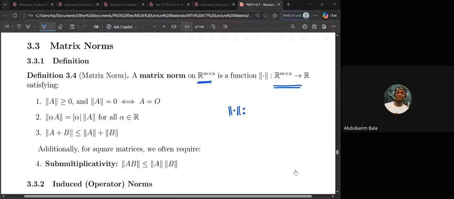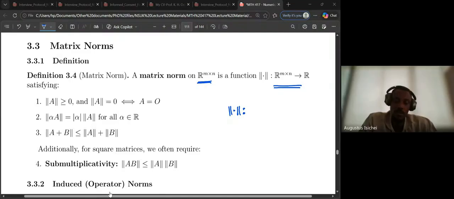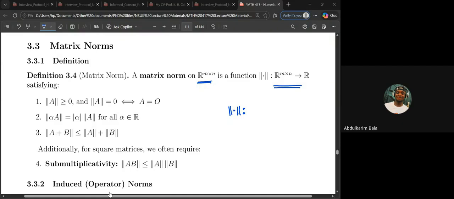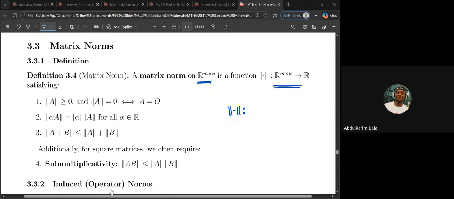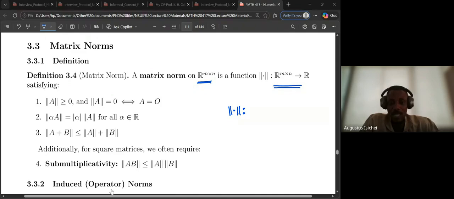Come again. How was the vector norm defined? Sorry, sir, there's not the definition on the screen. We only have matrix norm. Yes, I know we have matrix norm. That's because we are done talking about the vector norm.